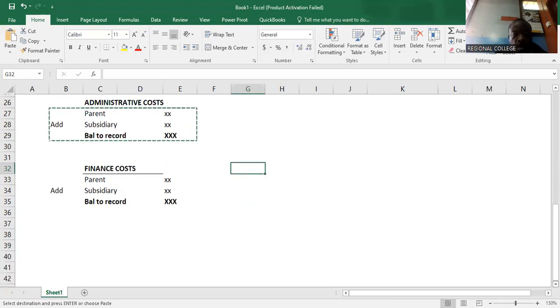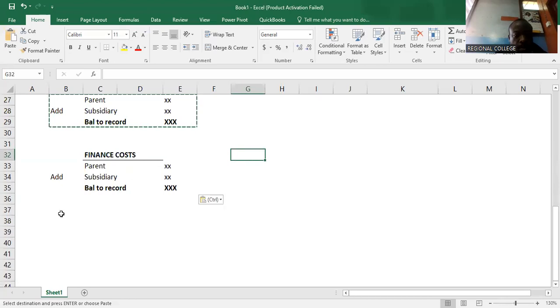But before you get the profit before tax, check if you're given the goodwill and the goodwill has some impairment.